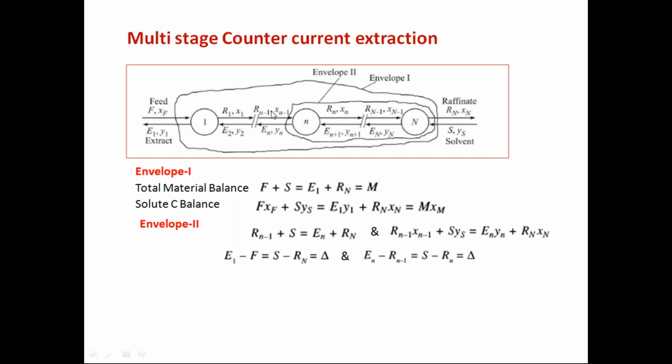However, let us say that this is called multi-stage counter current extraction cascading system. Cascading system means there will be a train and you have a number of compartments. Each round indicates one compartment, and each compartment again will have two different operations like mixing and settling. Mixing, settling, mixing, settling. So it is a continuous operation, you can say that.